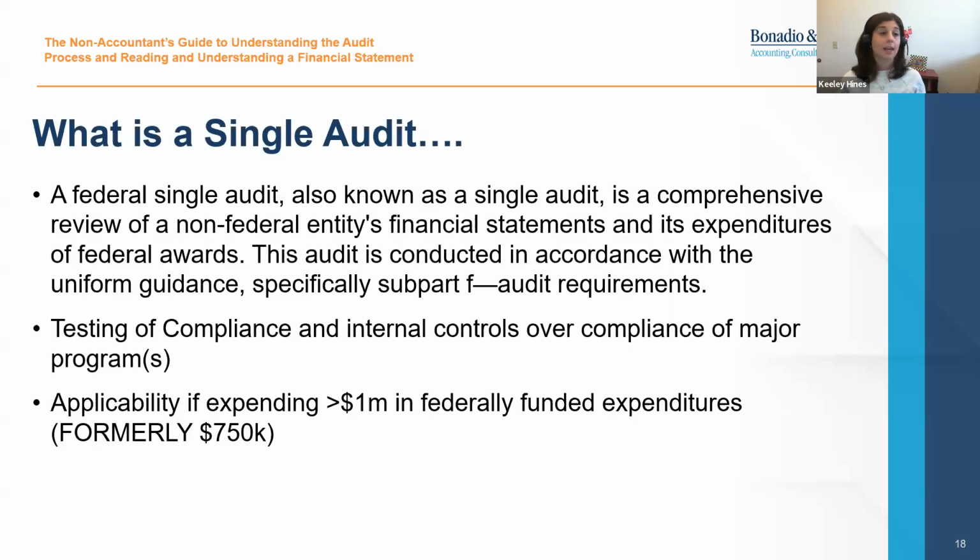So for instance, if you received those federal dollars and it was intended for employee compensation only, and you went and purchased books, if books are not allowed, you will have committed non-compliance. So we would test for that. And if we identified that non-compliance, we would report that out.